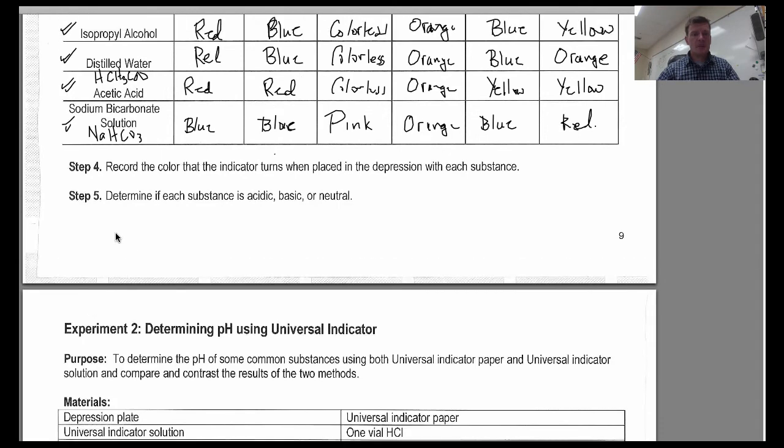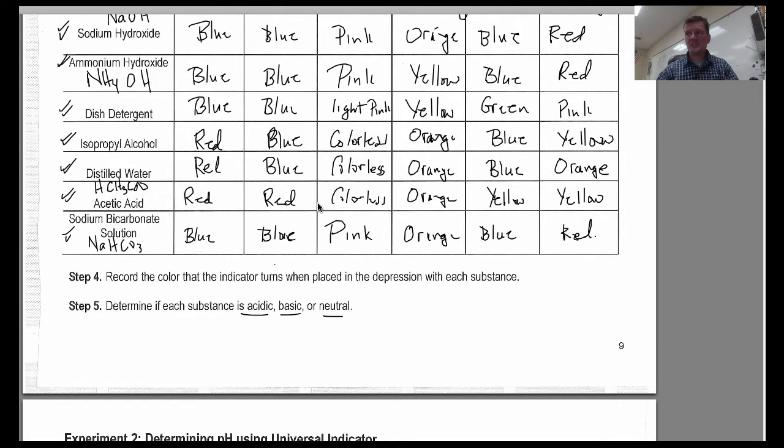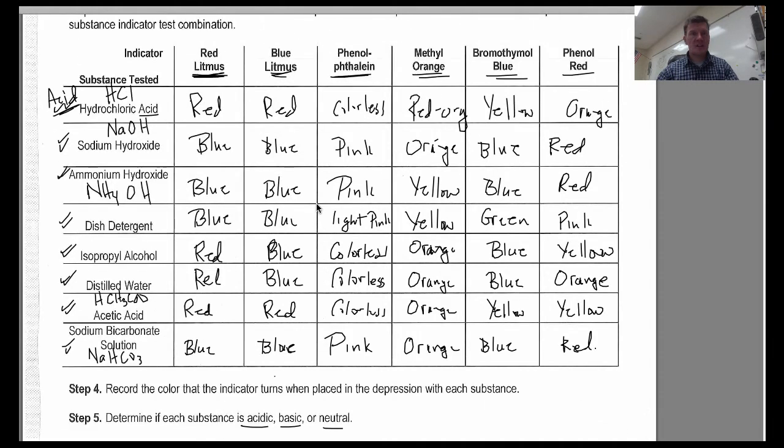Step 5, what we want to do is determine if these are acidic, basic, or neutral. The best way to do that is to look at the litmus paper. If it turns red litmus paper blue, then it's going to be basic.